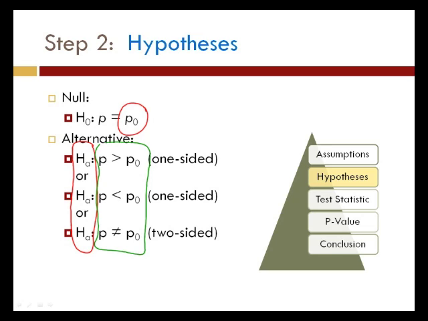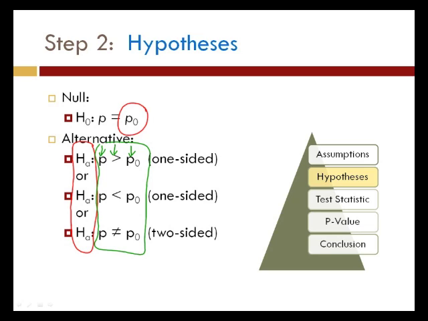These are all possibilities for your alternatives. You're always going to have your P, one of these three symbols, and some numerical value for proportions between 0 and 1 on the right side.